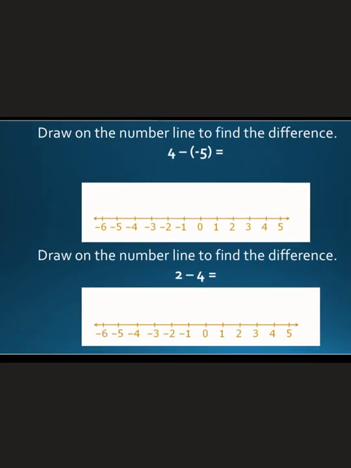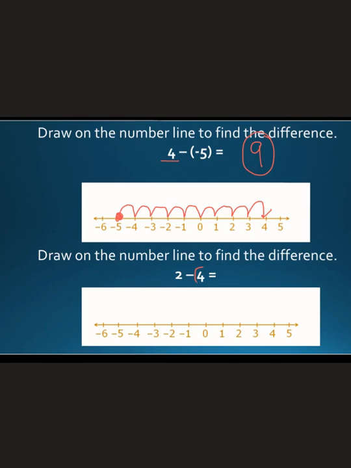Next two, if I'm starting at -5, so I'm going to put my dot at -5. And I am jumping to +4, my first number. So 1, 2, 3, 4, 5, 6, 7, 8, 9 jumps to get to +4, and I went to the right, so my answer will be a +9.